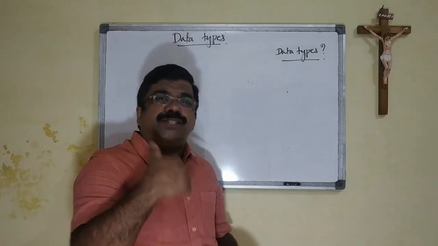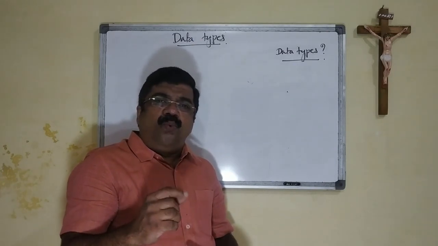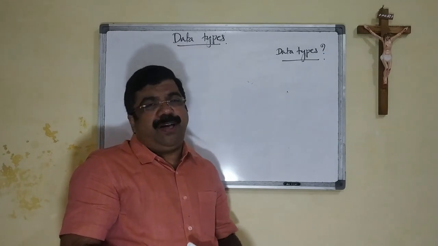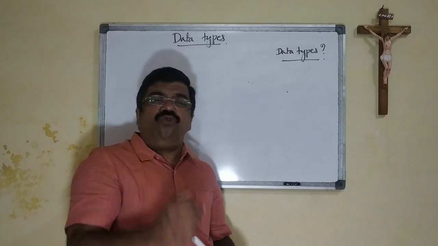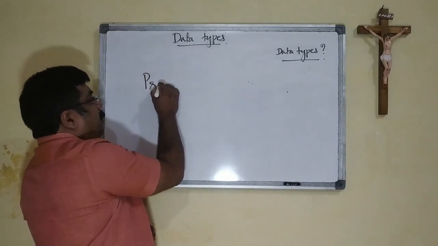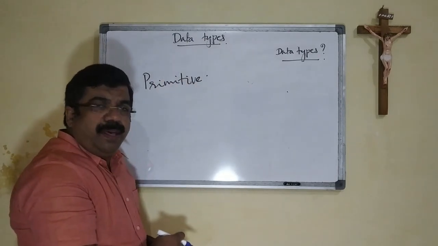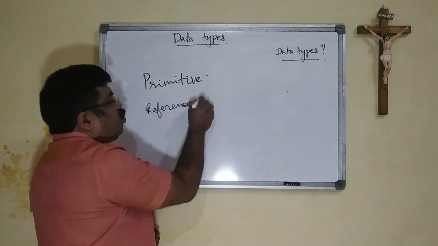So let's go deep into it. What are the different types of data types available in Java? The main categories: two main categories of data types are there. They are the primitive ones, and the second one is the reference ones.